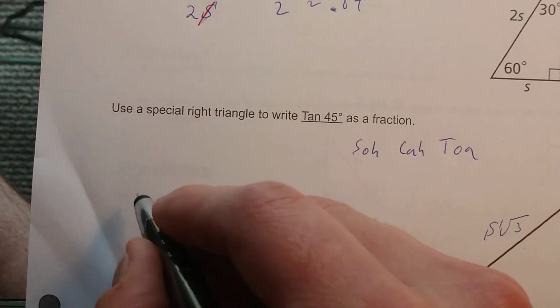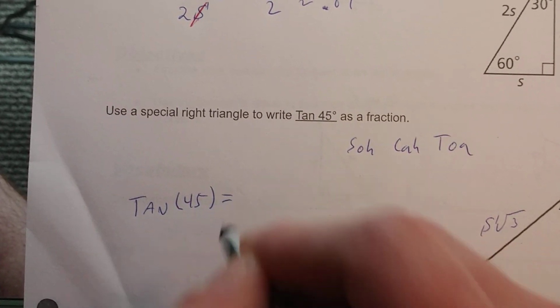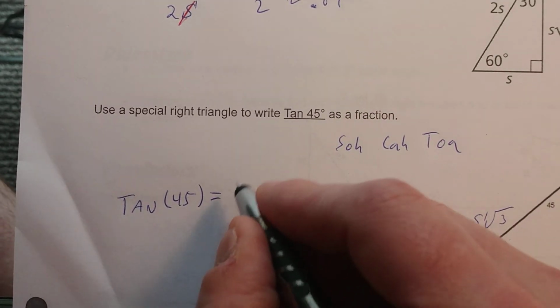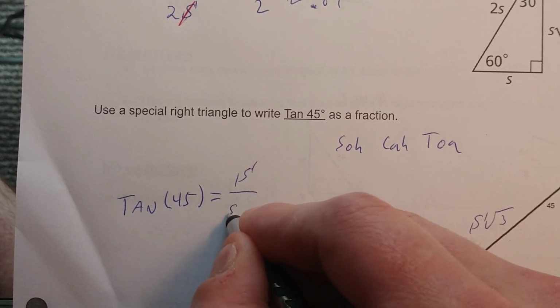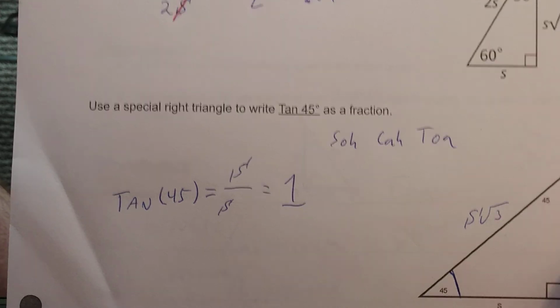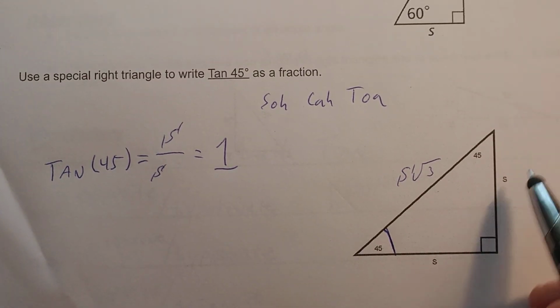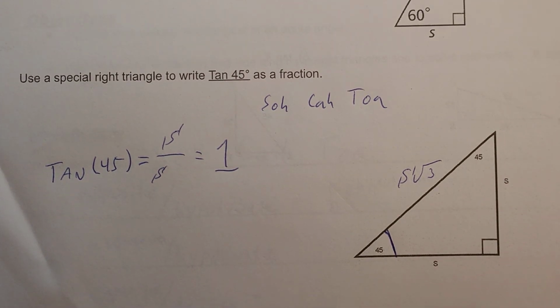So the tangent of 45 for this triangle is going to be equal to S over S. And what is S divided by S? 1. So the tangent of a 45 degree angle is always 1. No matter if this S is 45 feet long or 2 inches long, the tangent of 45 is always 1 because the ratio of these two sides is 1. Okay?